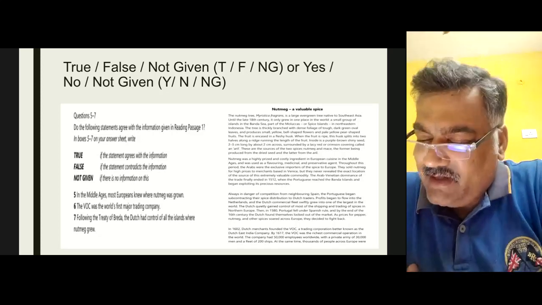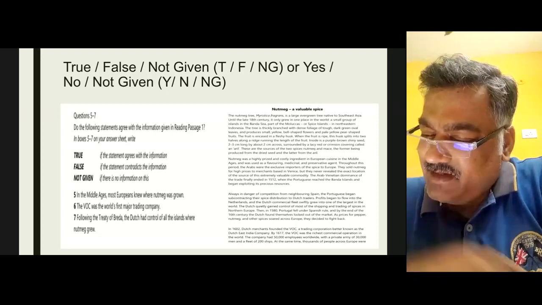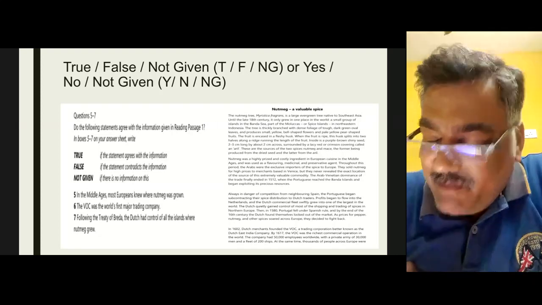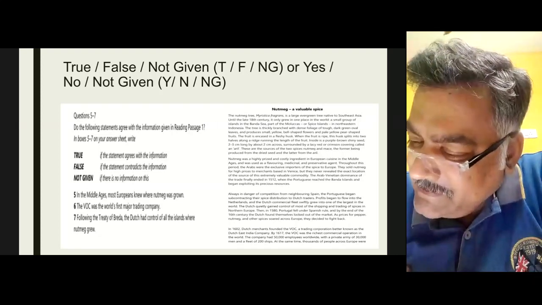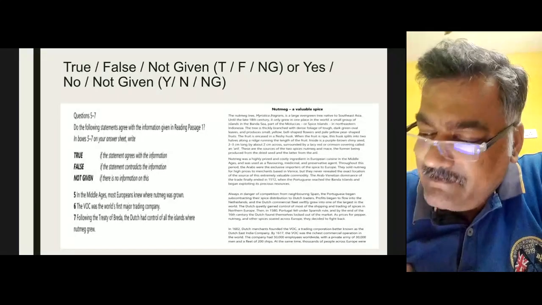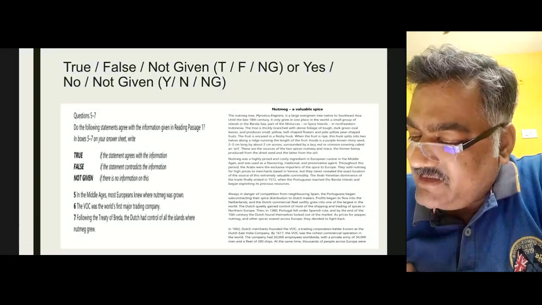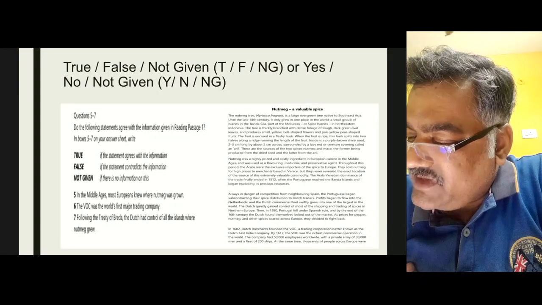Fifth statement. Okay, can we go through it again? Yes, see, in the second paragraph, it has given that only Arabs know the way to where the nutmeg is grown. In the Middle Ages, it was used as a flavoring, medicinal, and preservative agent.